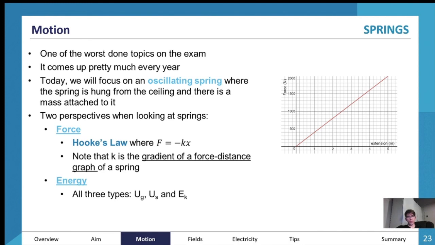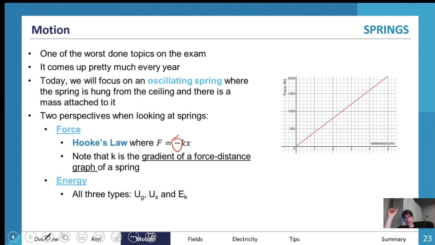What it is basically implying is that the amount of force that the spring applies on you is proportional to the amount of force that you apply on the spring. That's what the negative is there for. It's there to indicate action-reaction force pairs.